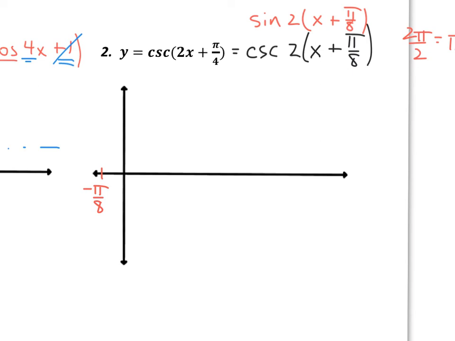Pi over 8. Okay. What is pi over 8 plus another quarter? 3 pi over 8. Okay. What's 3 pi over 8 plus another quarter? 5 pi over 8. I think I see a pattern here.